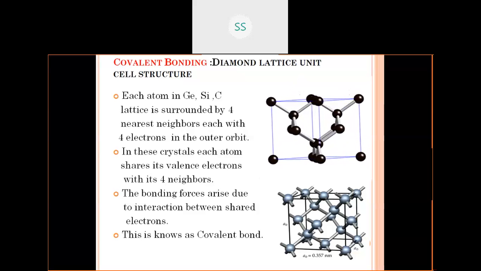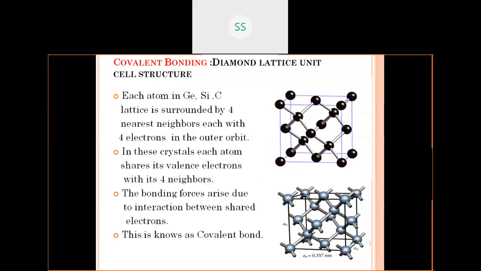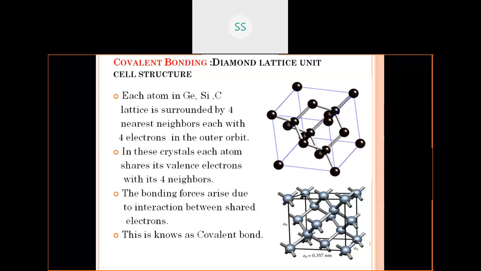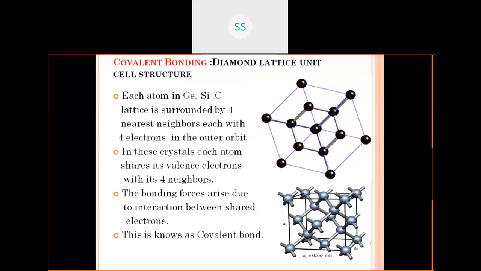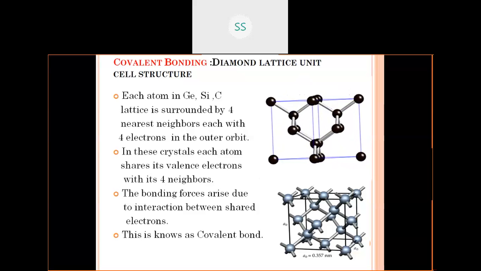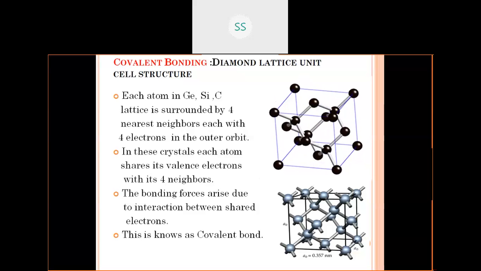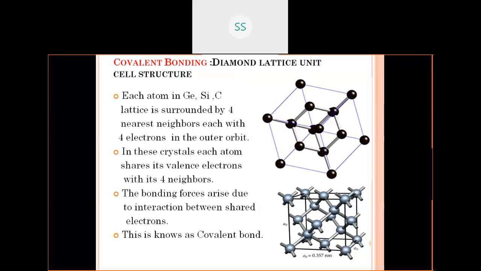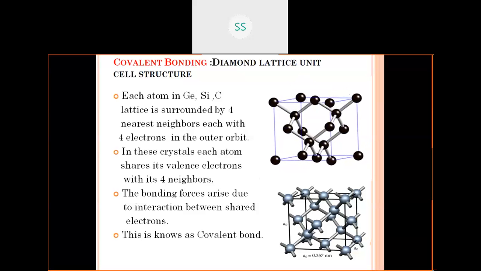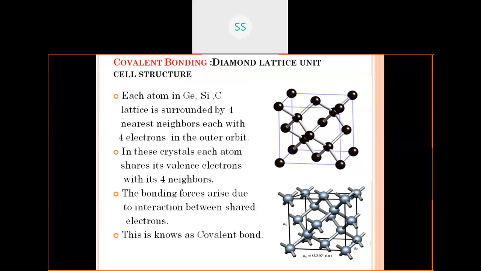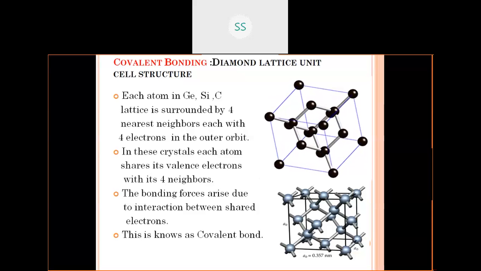In isolated atoms, we find energy levels, but whenever isolated atoms are brought together to form the solid, various interactions will occur between the atoms themselves. What are those interactions? They are nothing but the splitting of the energy levels, forming the different energy bands. There may be attraction, there may be repulsion, and finally there will be a kind of balancing action.